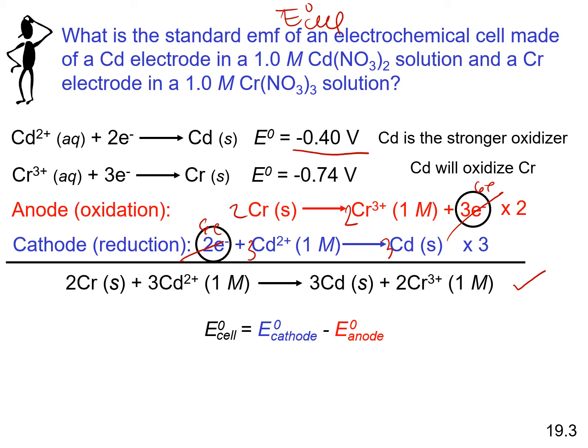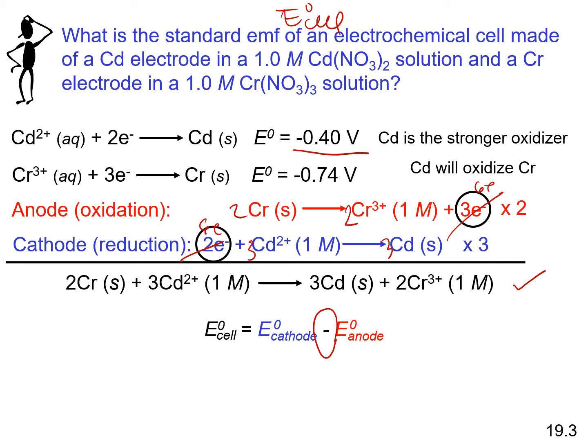To get the overall standard cell potential, again the formula is the cathode minus anode. It's already negative. Remember, it's already negative. So here, it means that we don't need to reverse the sign of our potential for the oxidation. In other words, you take the values as reduction potentials.